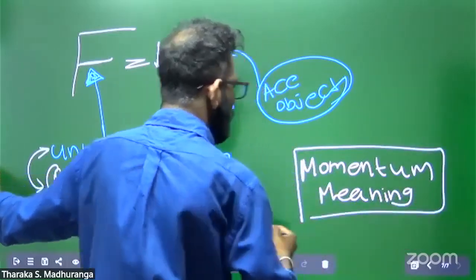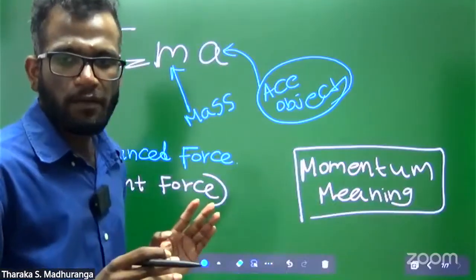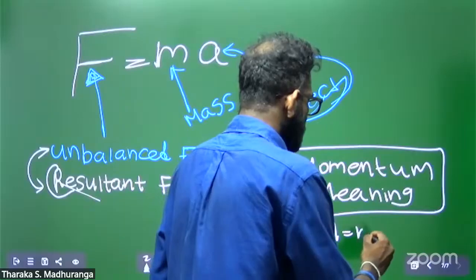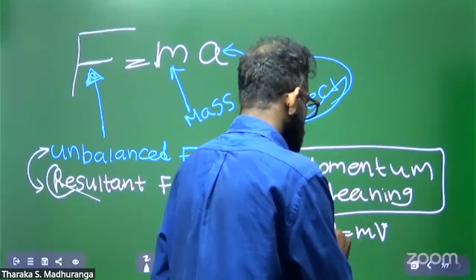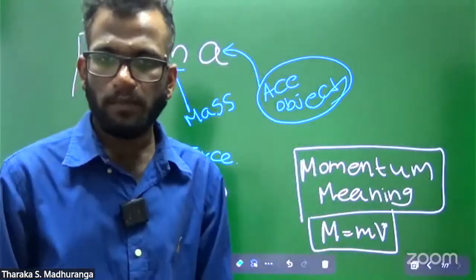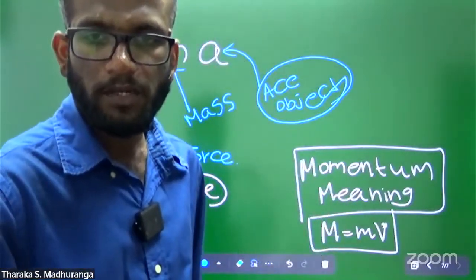I don't need the equation, I can give you the equation. Momentum, capital M or P, equals mv. No issue, we also call it capital P. But I need the meaning of momentum.